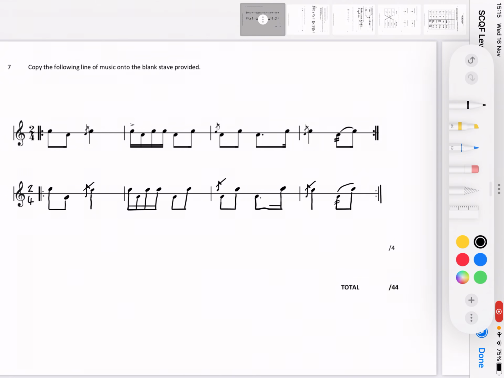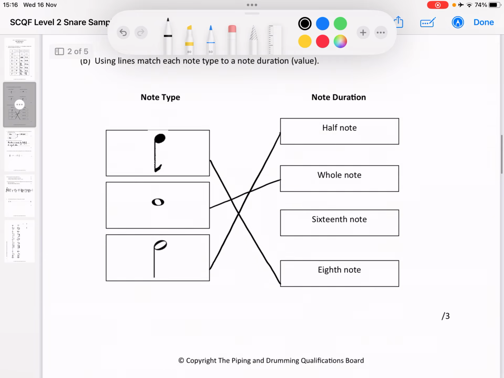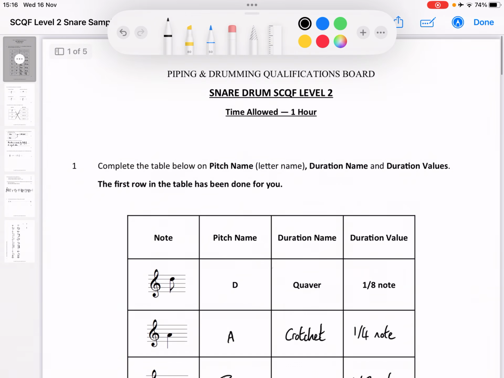Okay. So, let's see if I can flip this back. I'm going to have a look. That's us done every single question now.